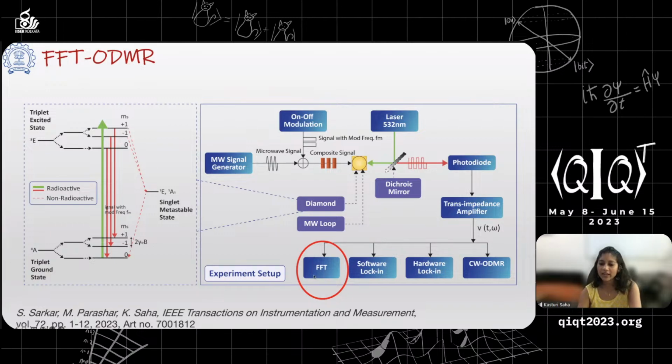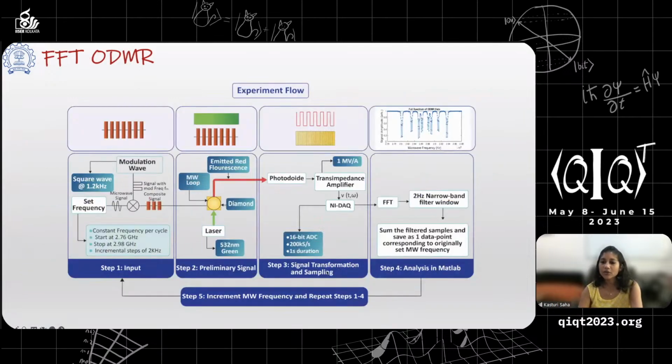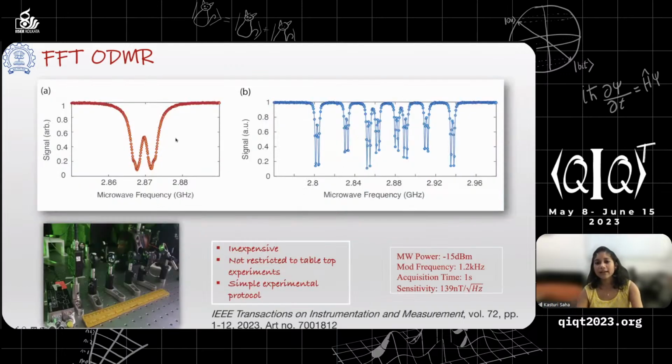We came up with this strategy, known as the FFT technique: if you just modulate the microwave signal and look at the output, the red light also gets modulated. And if you just take an FFT, you can reconstruct the ODMR.